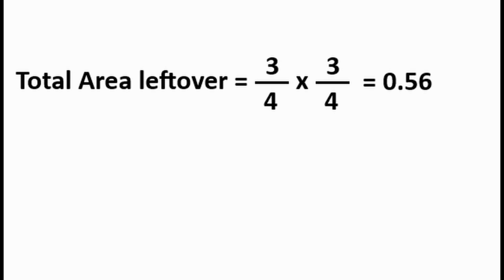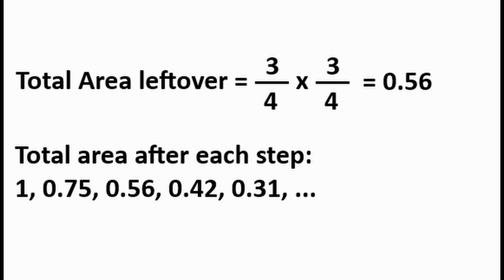This exact same calculation is done for the remaining area after every step. So the area of the original triangle will change with each step as follows. Going from the beginning, it starts at 1, then goes to 0.75, then 0.56, 0.42, 0.31, and so on.